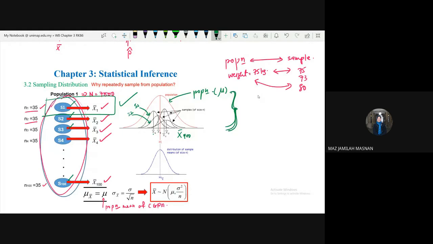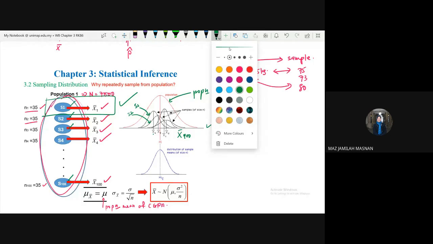We have the population distribution, we have the mean of our sample distribution. Class? Class, anyone? Anyone want to try? What can you observe from this particular diagram? Anyone? Anyone?